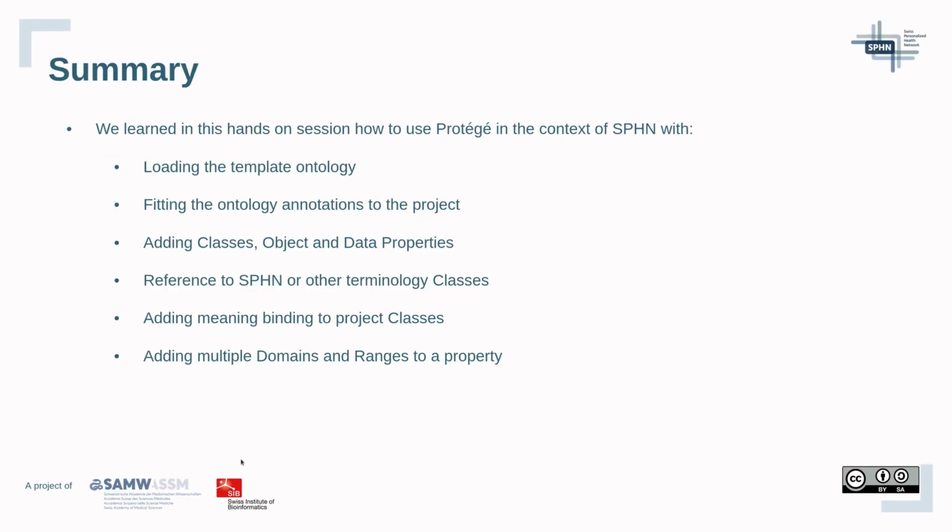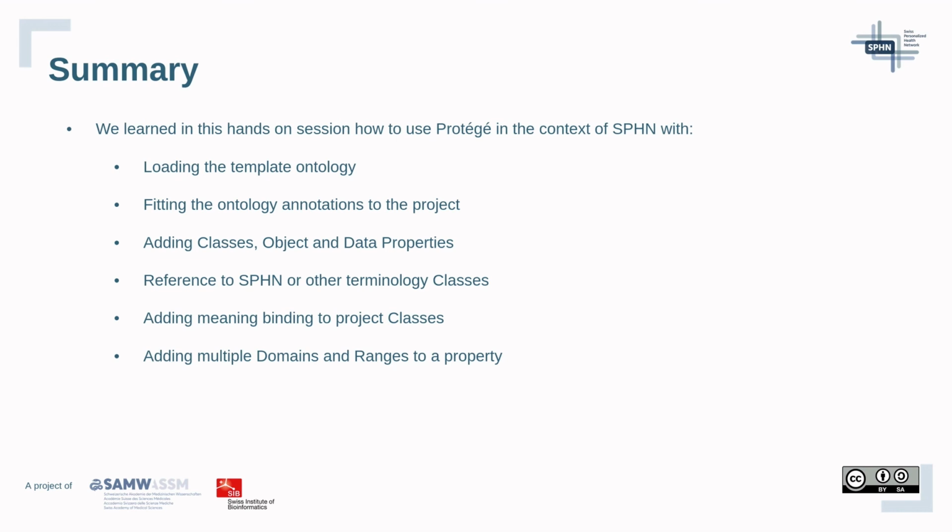So now we have some concluding words on this hands-on session where you have learned how to use Protégé in the context of SPHN. So you're now able to load the template ontology provided by DCC and also update the annotations or metadata to fit to your specific project.